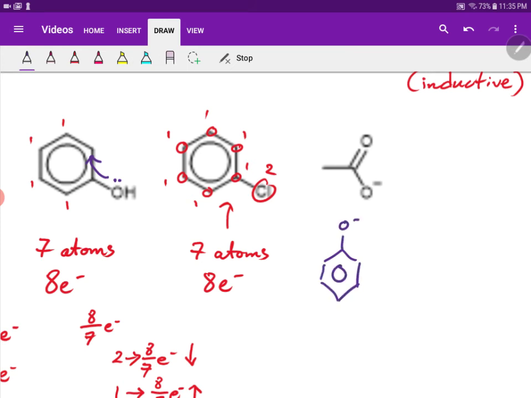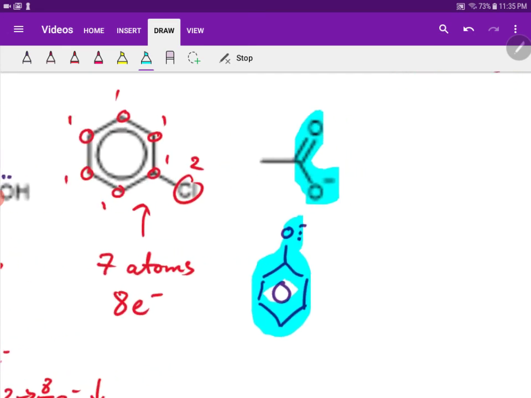What we say is that the lone pair of electrons, or rather the negative charge, is delocalized into the ring, so it is dispersed. Likewise, we say that this negative charge is dispersed between these two atoms. That is why the conjugate base is more stable.